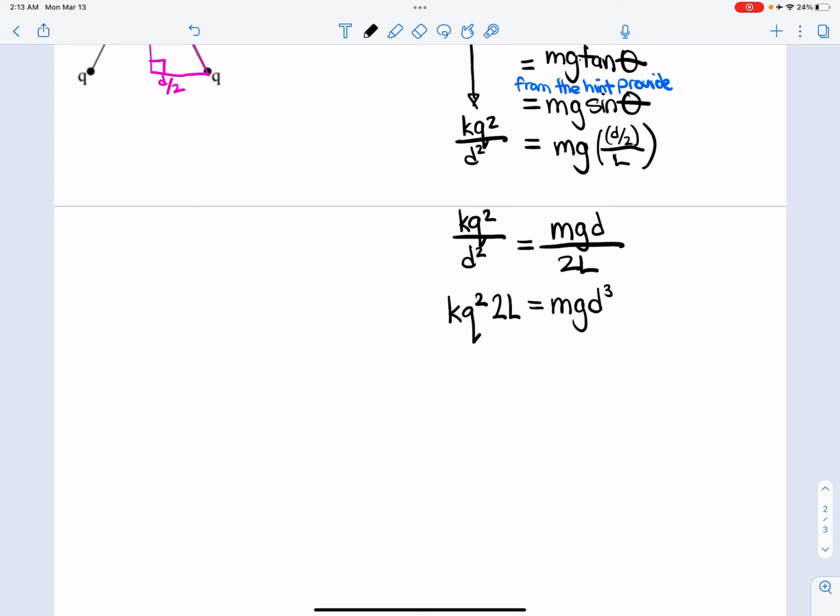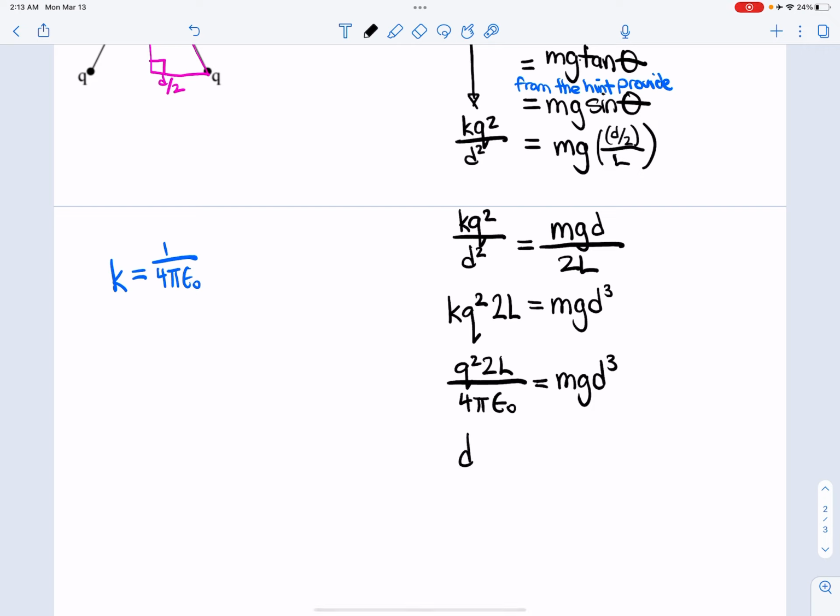And remember, the value for k, the electrostatic constant, is just 1 over 4 pi epsilon naught. So I'm just going to substitute that in for k. So q squared 2L over 4 pi epsilon naught is equal to mg d cubed.